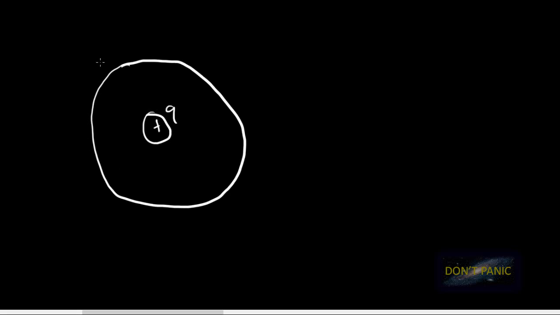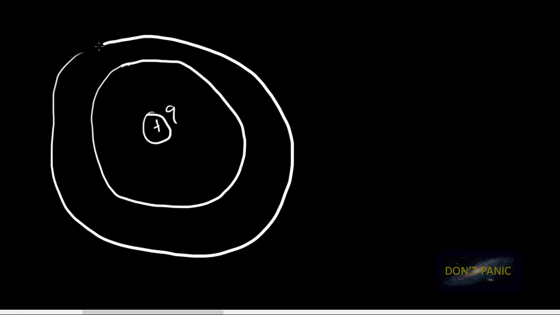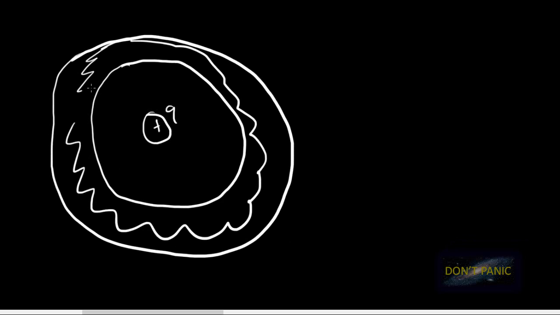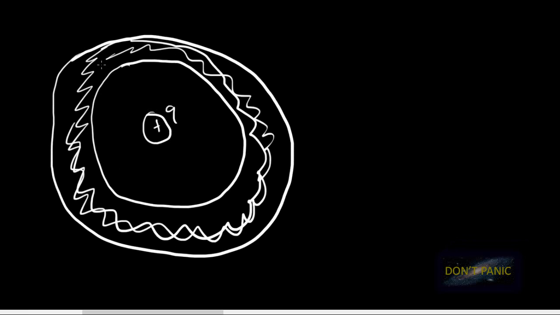Okay, so now let's take the same thing that we had just now, with our R1 and R2, and this conductor. But now suppose that this has some plus Q on it.